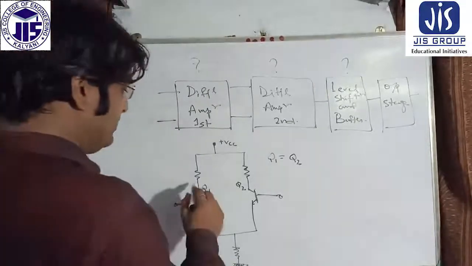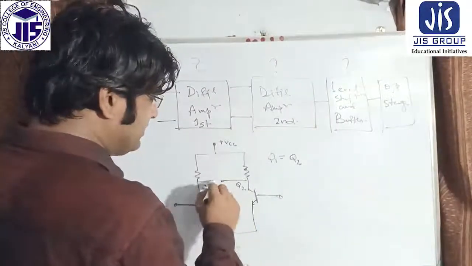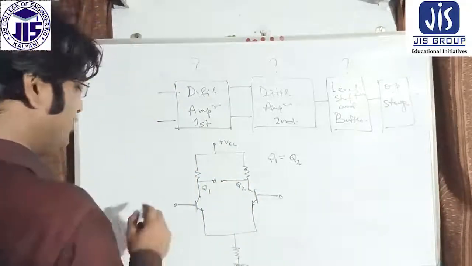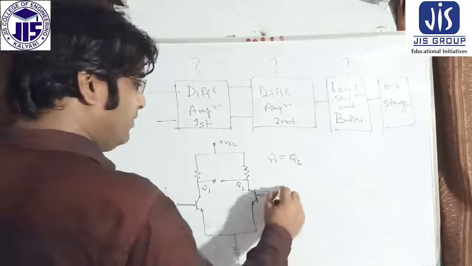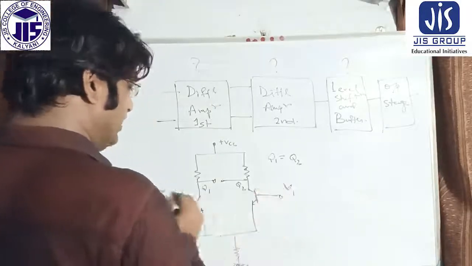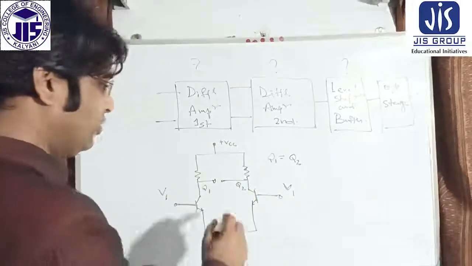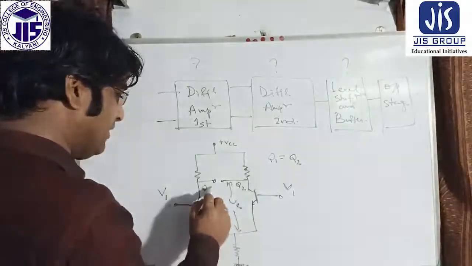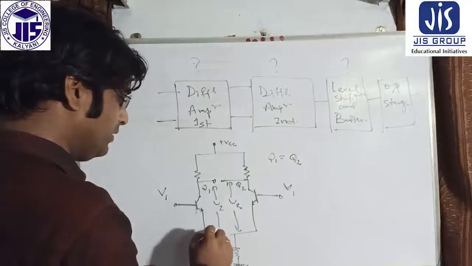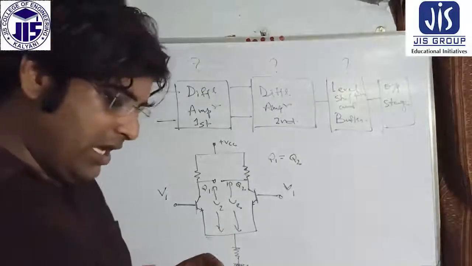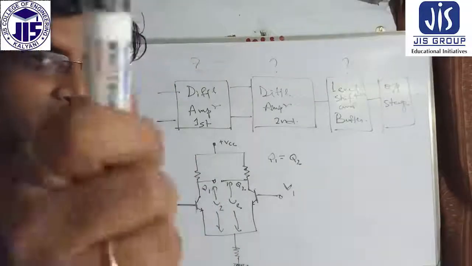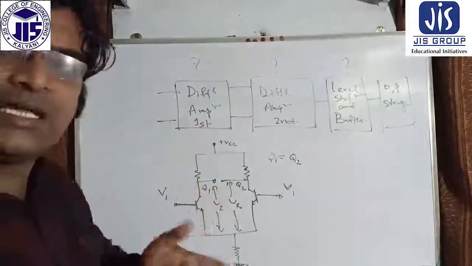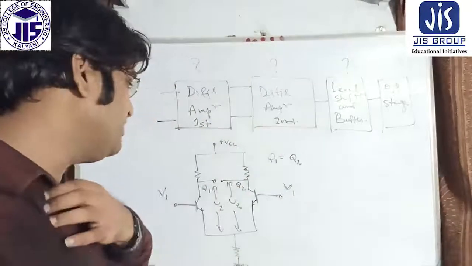If I introduce the same voltage V1 at both portions, the amplified voltage V2 is also the same at these positions. We have studied how this voltage comes in the amplification portion of the transistor.